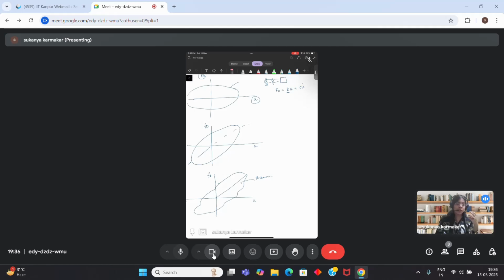Then I need to know what will be the value of zeta. How much zeta should I consider? To calculate that, I compare this unknown system. Had the source of energy dissipation been a viscous damper, then what will be the value of zeta?